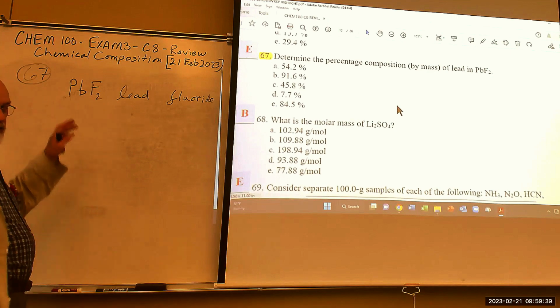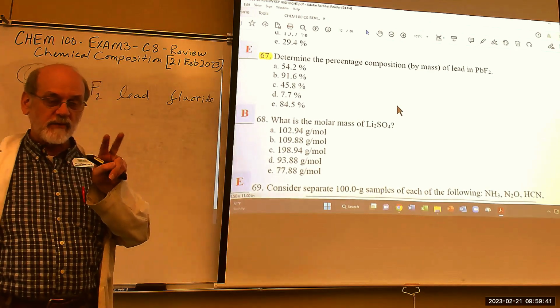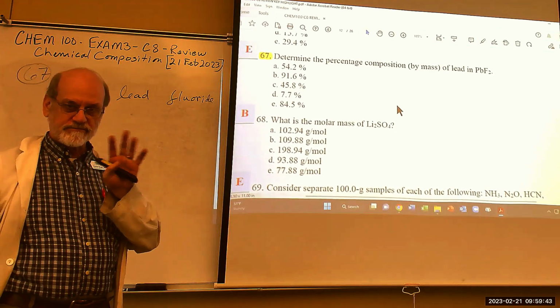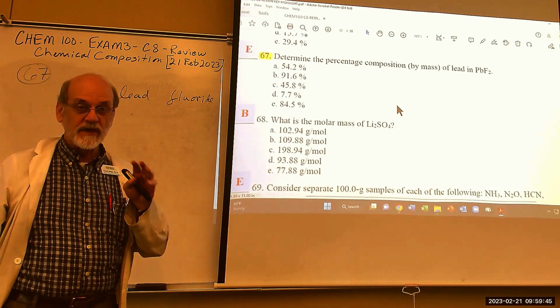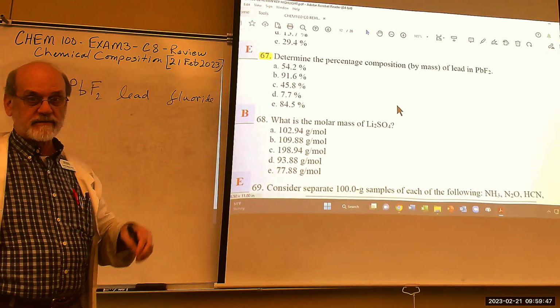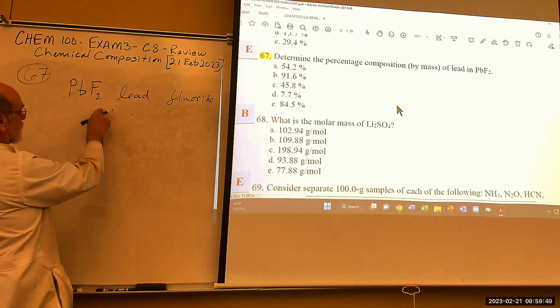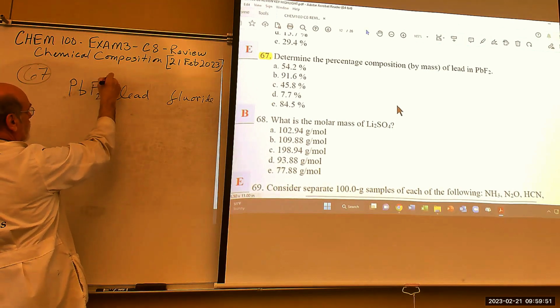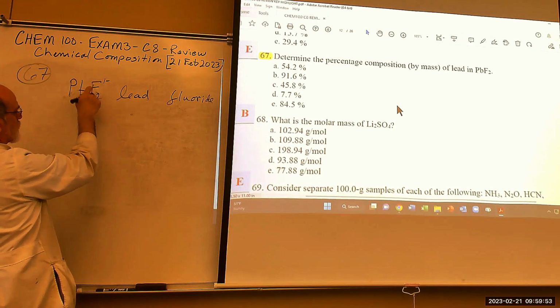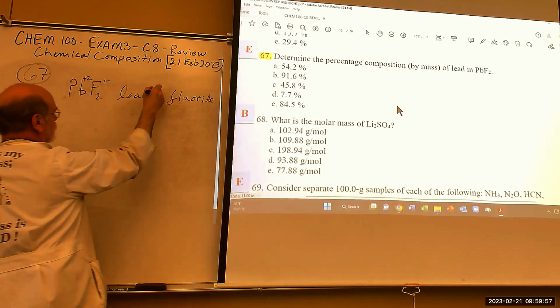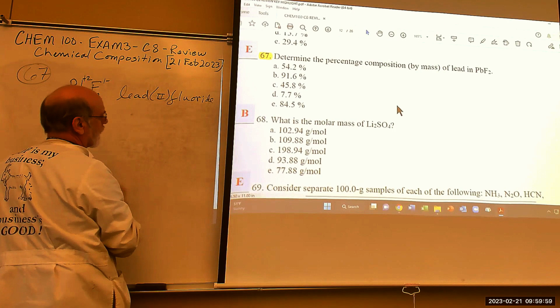But what's the charge on the lead? This is a type 2 compound. Remember, lead is in that part of the periodic table where it could have multiple charges. And in fact, it does. Well, fluorine's always -1, so that means this one has to be a +2 to balance those 2 minuses. So this would be a lead 2 fluoride.